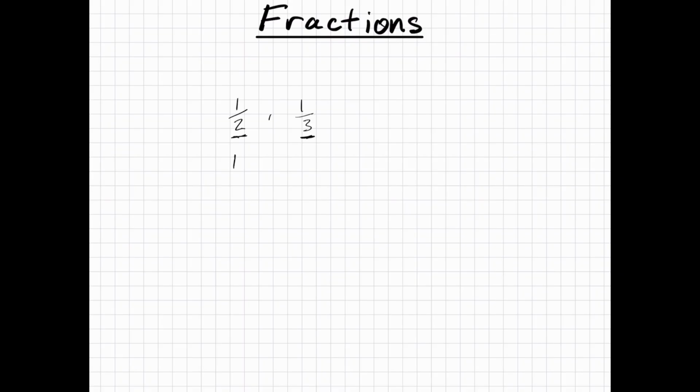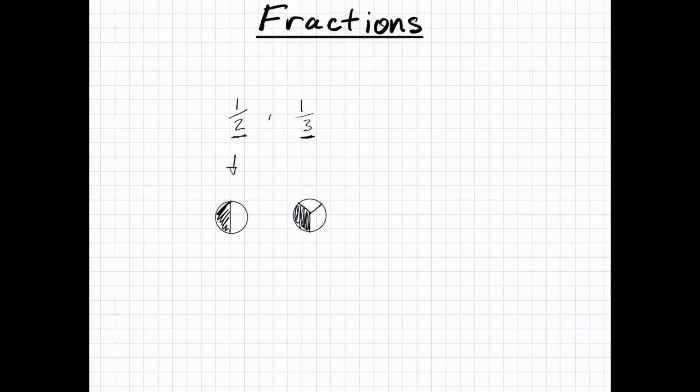Let's think about visually what 1/2 means. 1/2 is saying, okay, I have this pizza, and I eat half of it, this much. Well, what is 1/3 saying? 1/3 is saying I have the same pizza, but instead of eating half of it, I'm eating just this much. So which of these actually means more pizza?